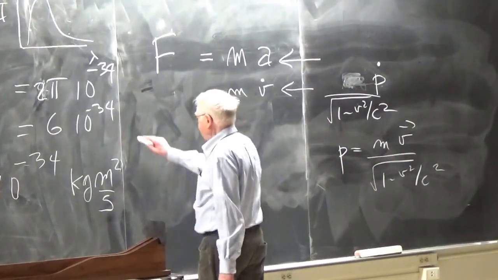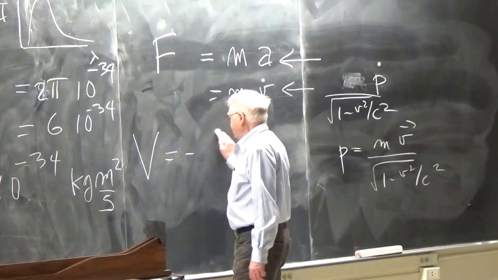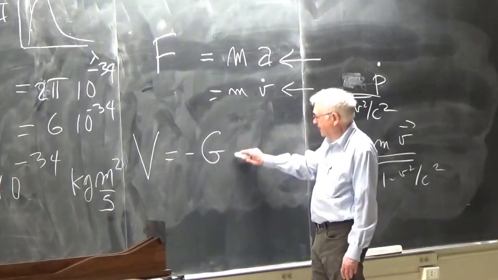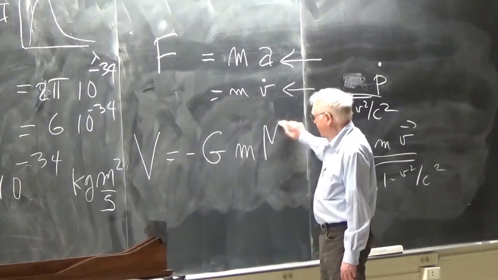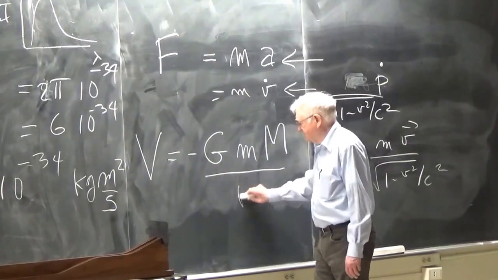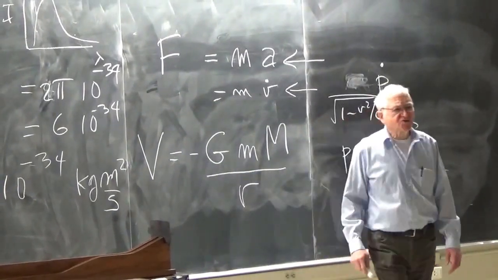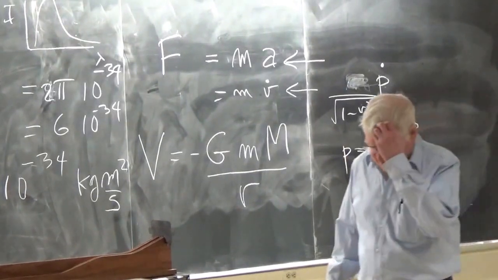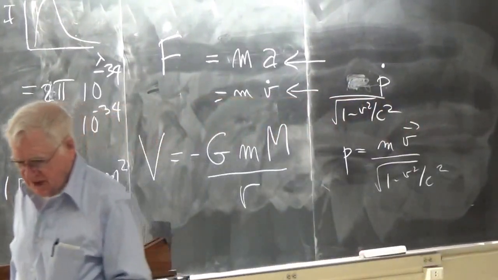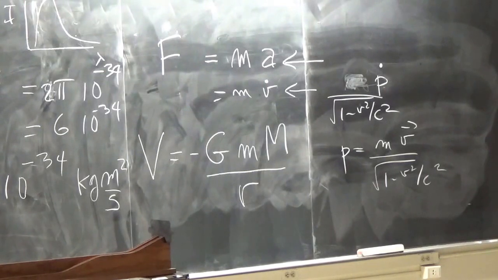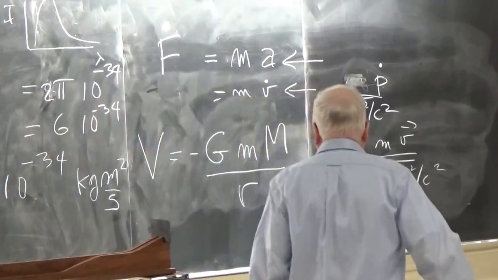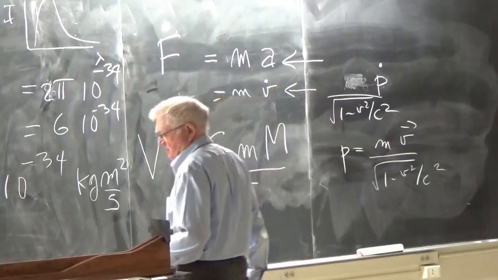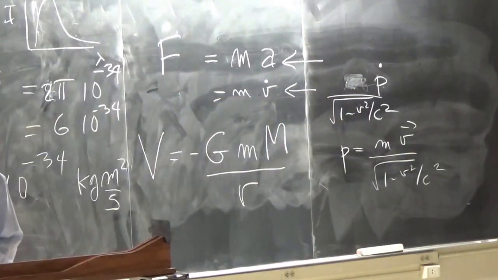Let me write down what that is. Is minus G, one mass, the other mass, over the distance between them. That's the potential energy of a mass m that's a distance r from another mass M. And G is what's called Newton's constant.